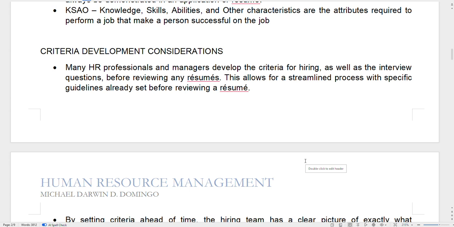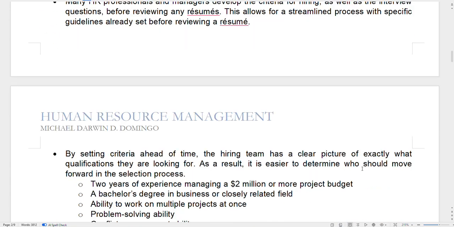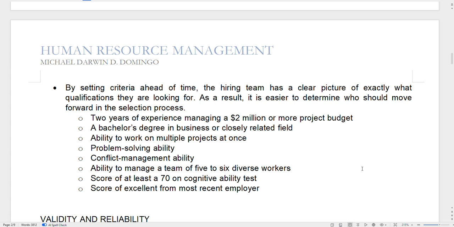Doing this allows for a streamlined process with specific guidelines already set before reviewing a resume. Mahirap mag-review nang wala pa tayong definite na criteria na gagamitin. Okay? So, by setting criteria ahead of time, the hiring team may get a good picture of exactly what qualifications they are looking for in an applicant. Okay, yun ang maganda ron.